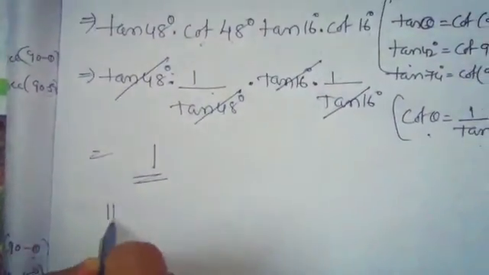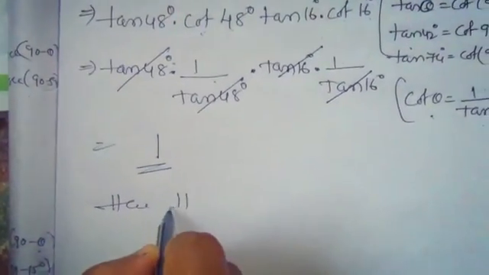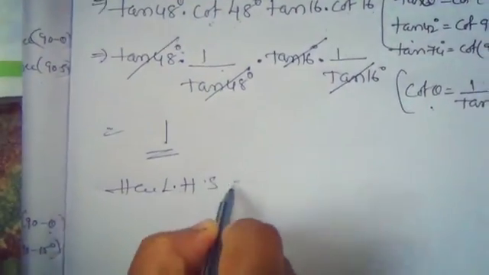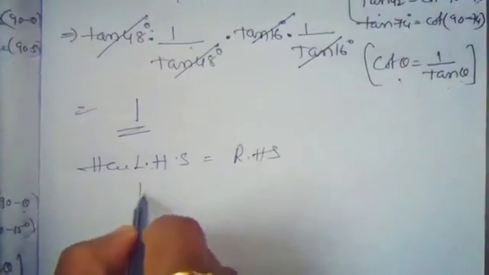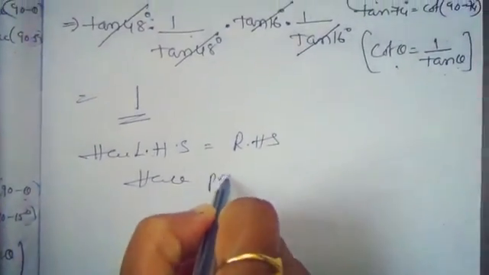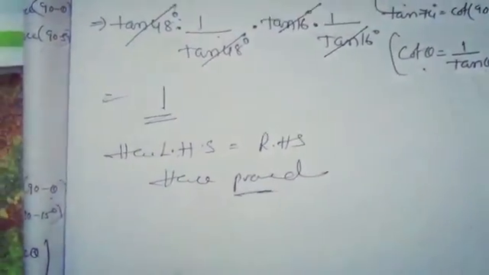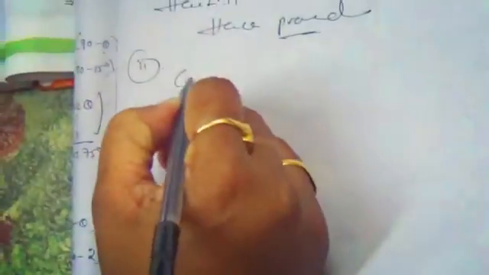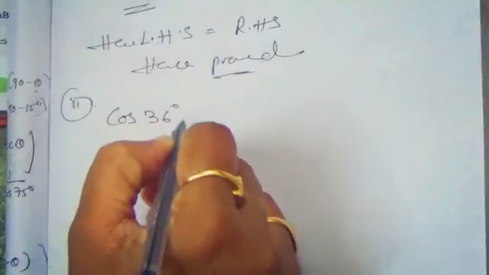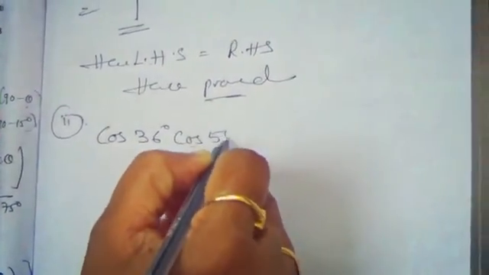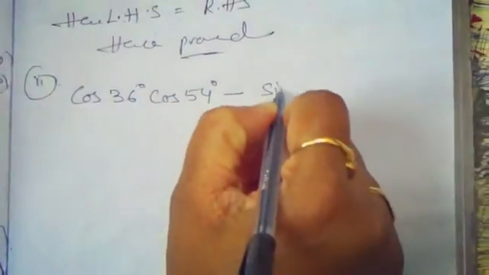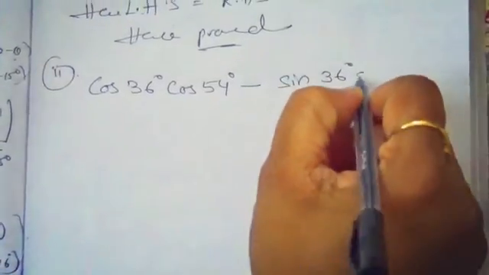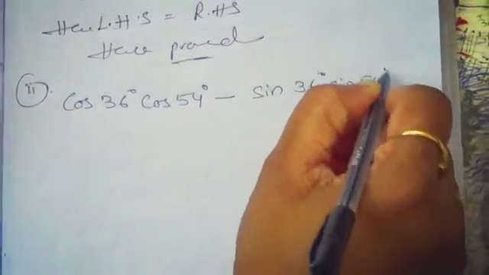That's it. LHS is equal to RHS. Hence proved.